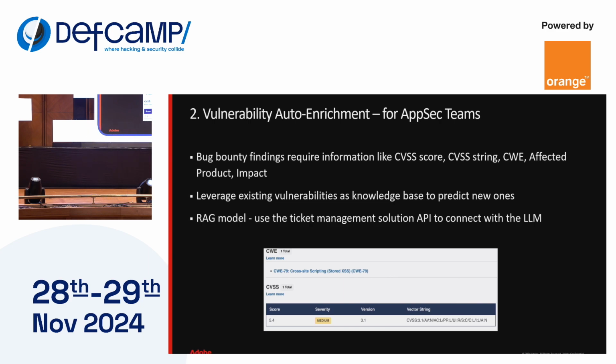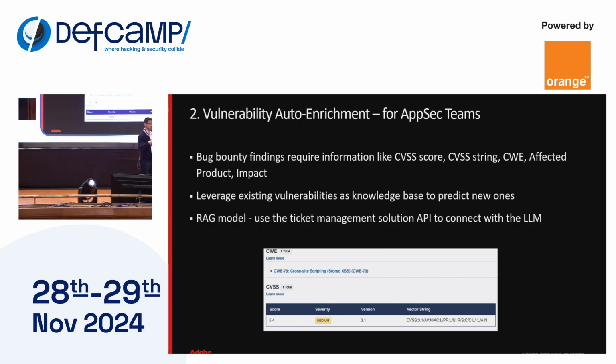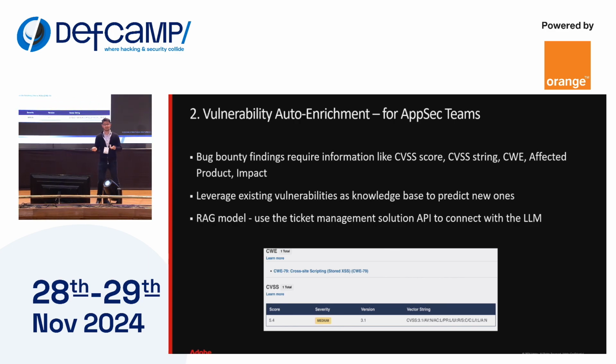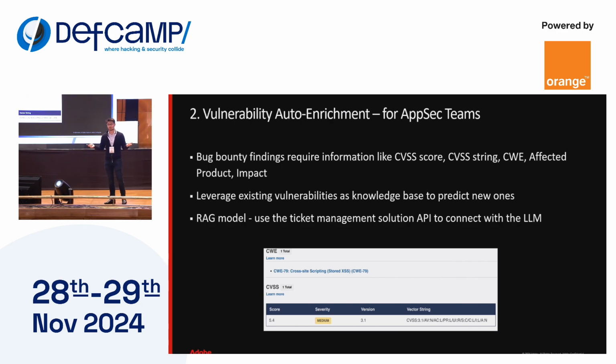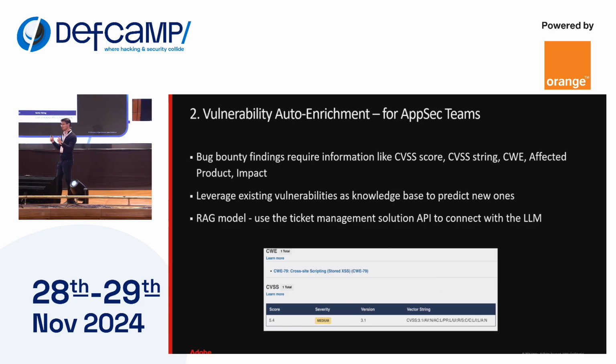Or maybe there are similar ones, and you just want to reuse, again, the CVSS score. So for example, I assume you already have maybe received a vulnerability around server-side request forgery. Depending on how the report looks, you'll be very close to something that you already received.